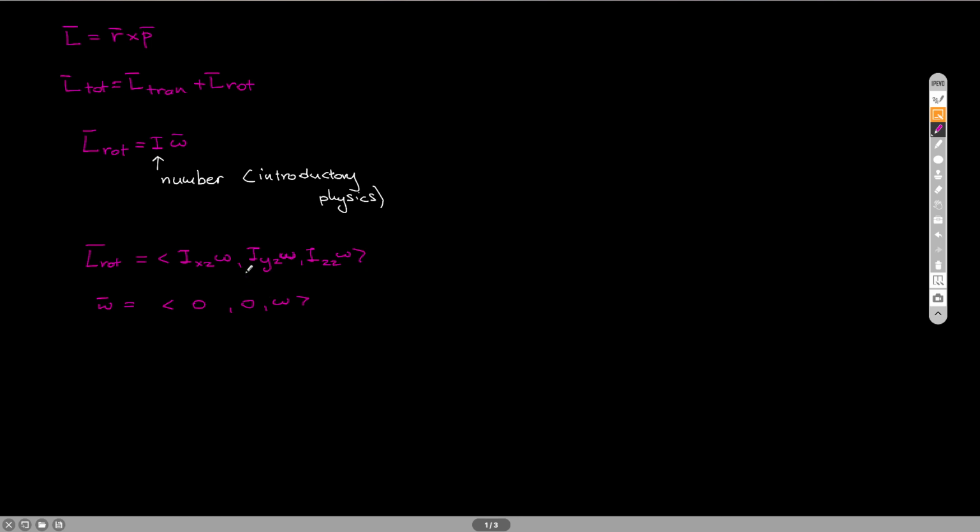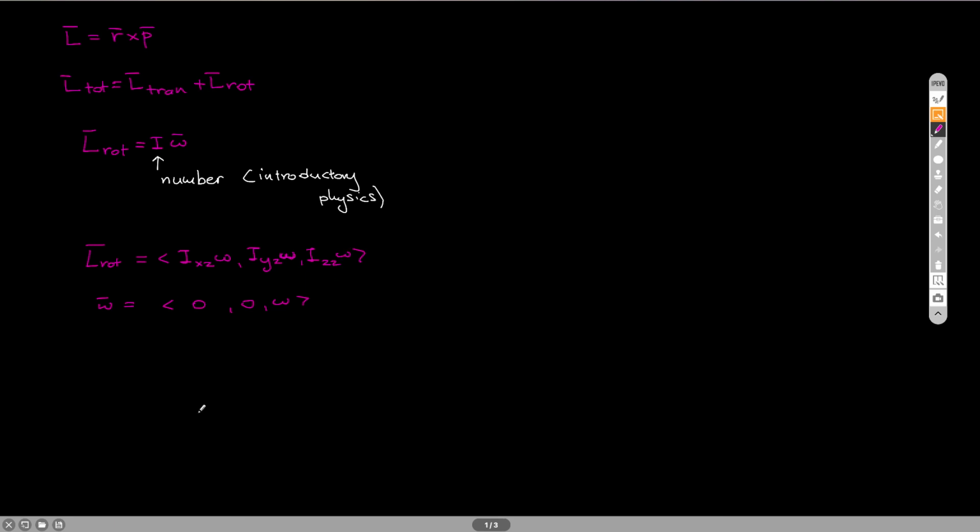Using this angular velocity, the one that points in the z-axis, what we get for the rotational angular momentum of the solid object when it rotates around the z-axis is something like this. Now, this is not a vector that points in the z direction. This is a vector that has a non-zero x component, a non-zero y component, and a non-zero z component.